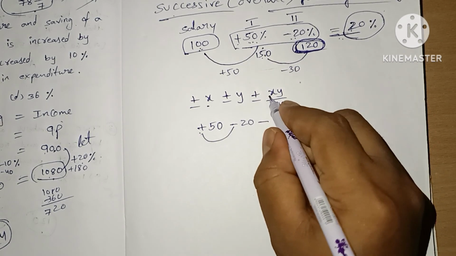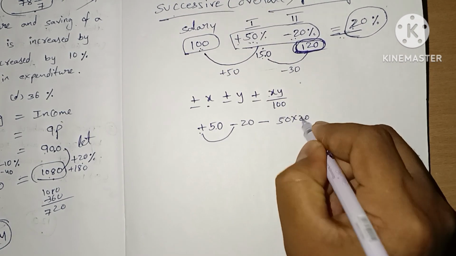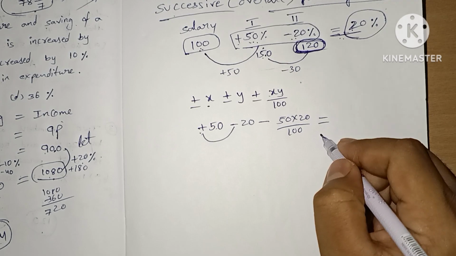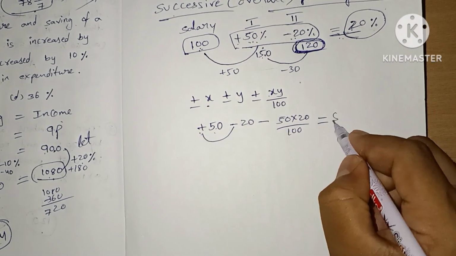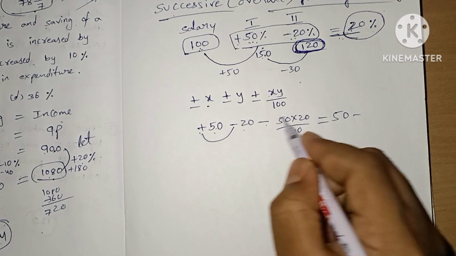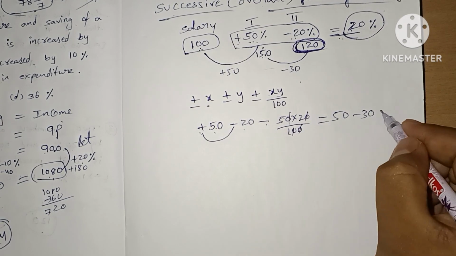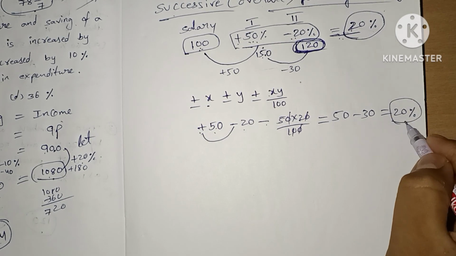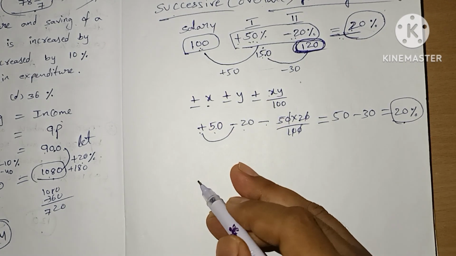So xy by 100 is 50 into 20 by 100. This is the overall change from first to last. We have 50 minus 20 minus 10, totally 30 minus 10, so we are left with 20 percentage. So this is the concept of successive percentage change.